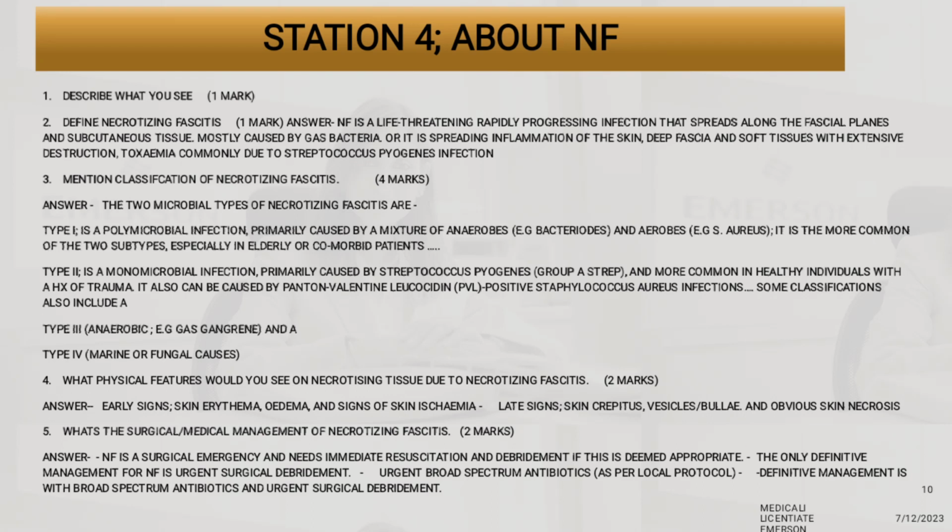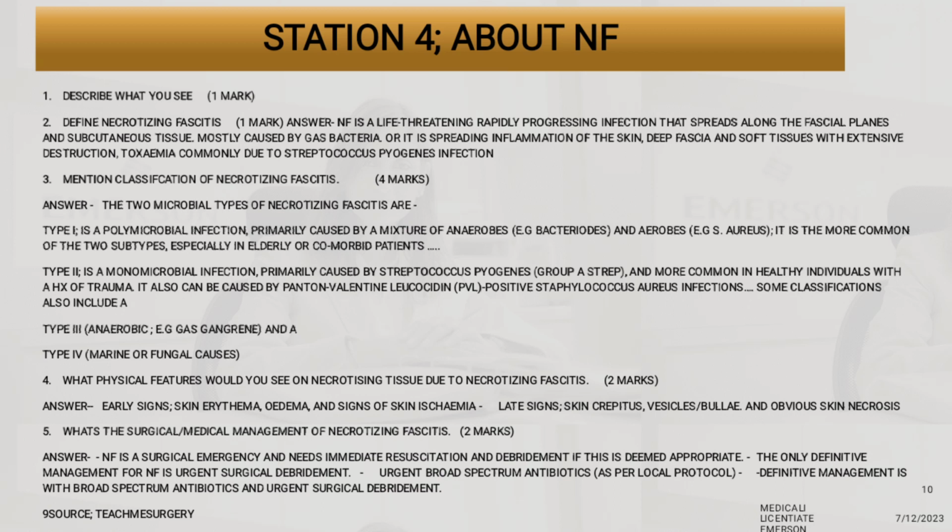And then, like we've said, the definitive is broad spectrum antibiotics and urgent surgical debridement. And this debridement, you have to do it in loops. So you go in, you come and reassess, you take them back so that you cut out all the necrotic tissue.